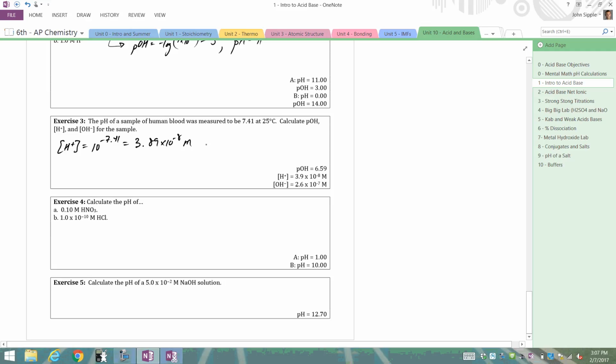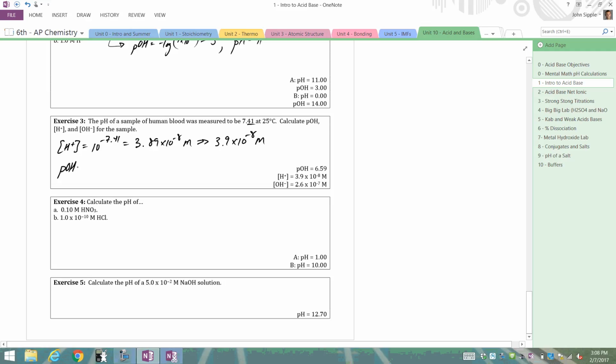And I actually need to probably round that to 3.9 times 10 to the minus 8, because that is 2 sig figs, because that pH gives us 2 sig figs, so we want our answer in 2 sig figs, but if you give me 3, it's okay.